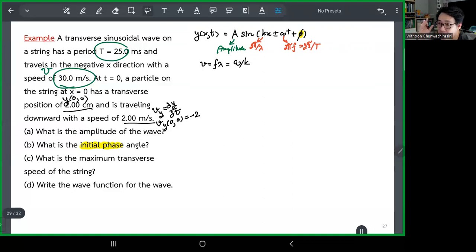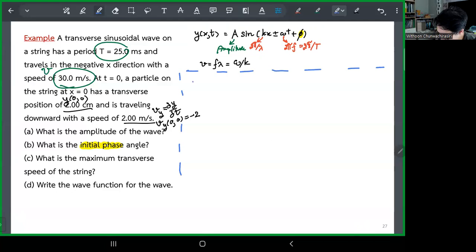All right, guys, try this one first. We would like to get the wave function for the wave right away. Let's try that one, shall we? Let me cross it over now. So what you really want to get to is writing out y as a function of space and time as A sin(kx plus or minus omega t plus phi). The problem says directly that the wave is traveling in the negative x direction, so you have to pick the positive sign.